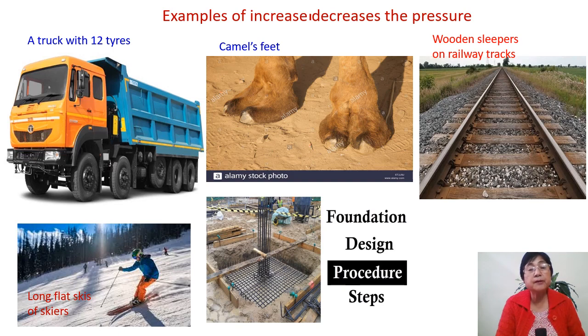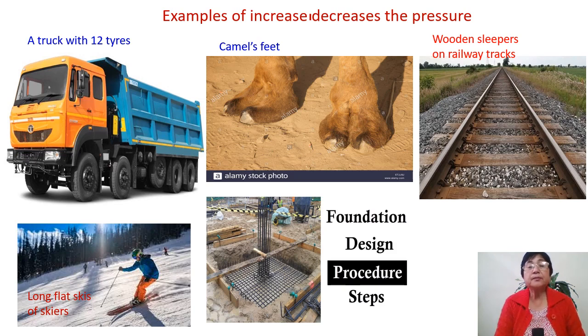There are 2 here, 2 on the other side, so there are 12 tires altogether. With 12 tires, the area of contact is increasing considerably. So when the area of contact is increasing, there will be less pressure on the tires. As a result, the tires will not puncture easily.